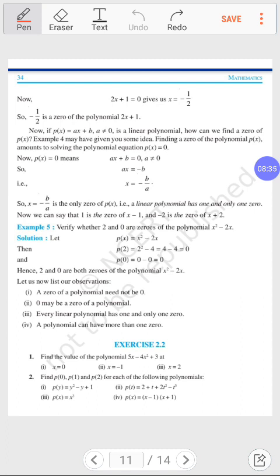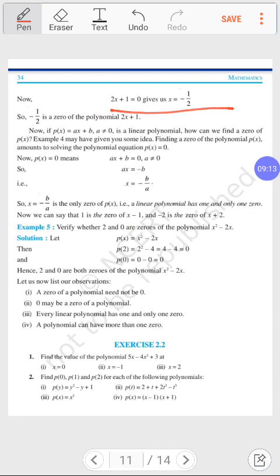Now if p(x) is equal to ax plus b and a is not equal to 0, which is a linear polynomial, how can we find a 0 of p(x)? Example 4, which you read just now, may have given some idea, because it is itself a linear binomial or linear polynomial. Why linear? Because the power of the variable is 1.